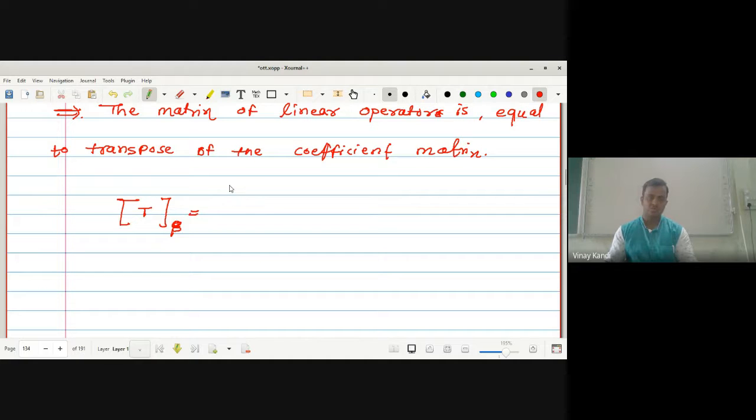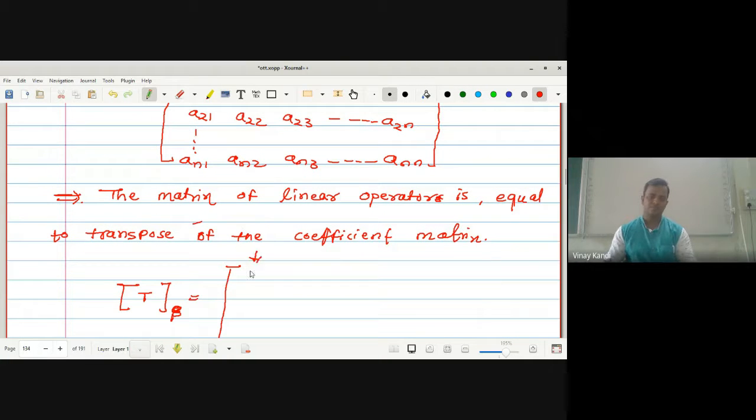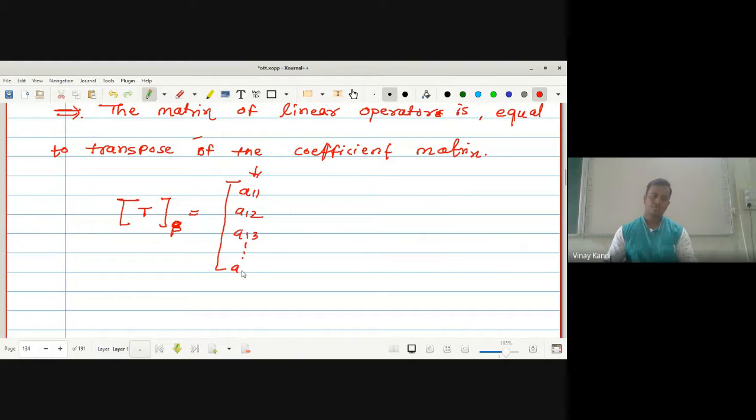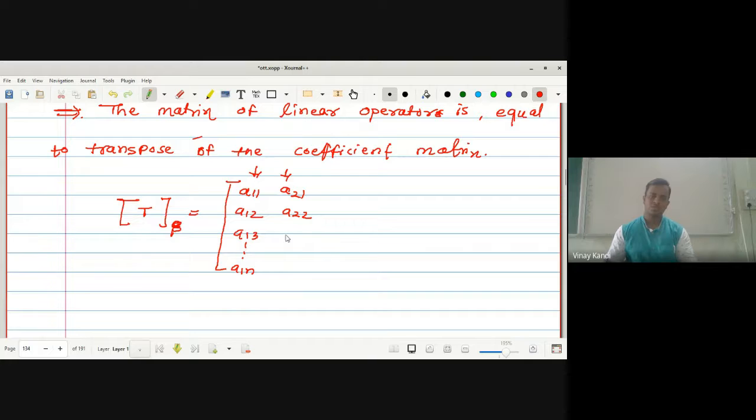So this is equal to: the first row becomes the first column, A11, A12, A13 up to so on A1n. The second row becomes the second column, A21, A22, A23 up to so on A2n.